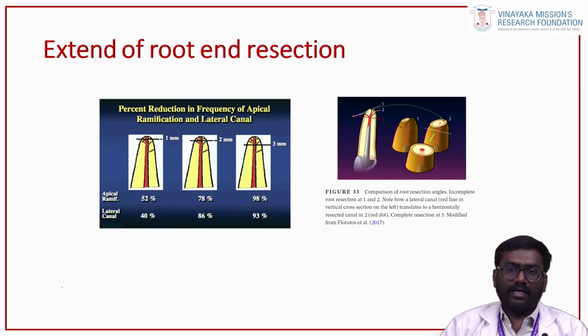The main idea after root end resection is to create a seal in that region. For example, if you have lateral canals at the 3rd millimeter of a tooth and you have cut only 1 or 2 millimeters and sealed it, infection can again seep in through the lateral canal. That is the main ideology, whether you cut 1, 2 or 3 millimeters. It depends on apical ramifications and lateral canals, which can be easily predetermined from your preoperative radiographs, right?